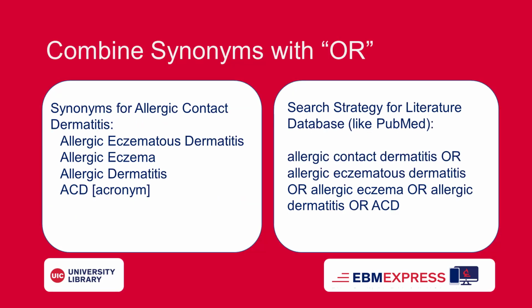For richer search results relevant to the PICO component for population, we will use OR between each of the synonyms we have discovered for allergic contact dermatitis. We have a search statement that looks like allergic contact dermatitis, or allergic eczematosus dermatitis, or allergic eczema, or allergic dermatitis, or ACD.